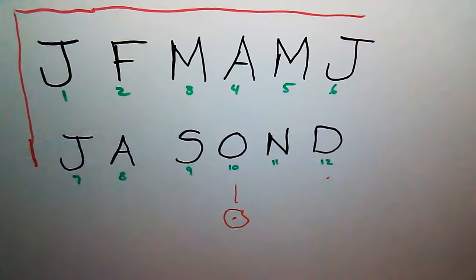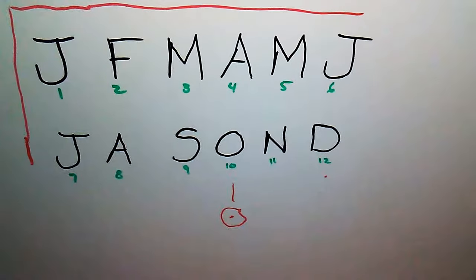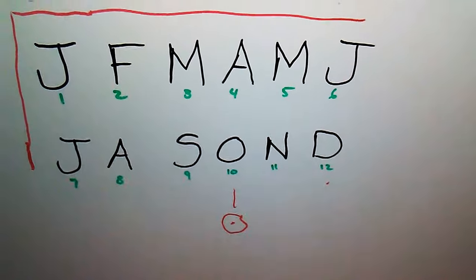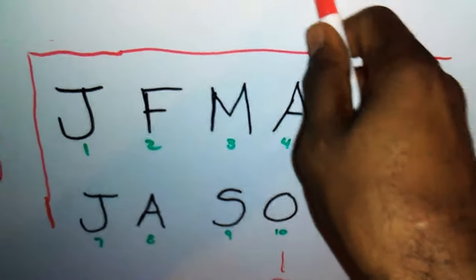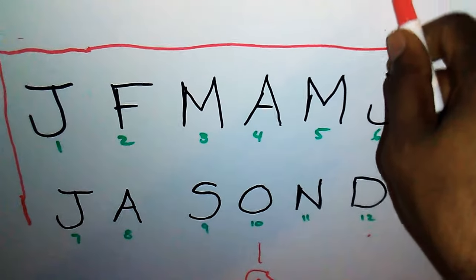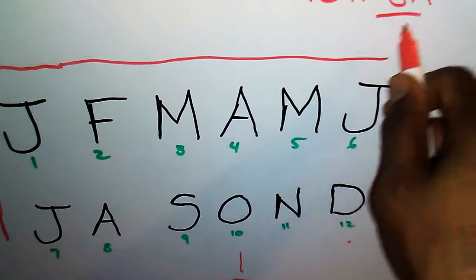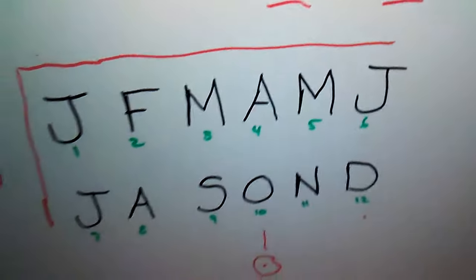And the letters in Solomon are all words for the sun. That means sun, that means sun, and this means sun.